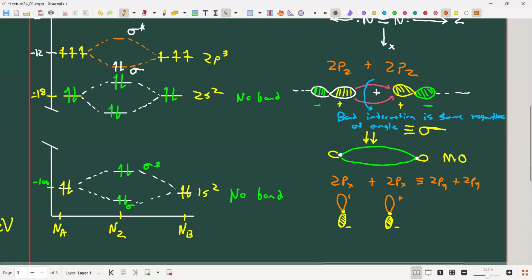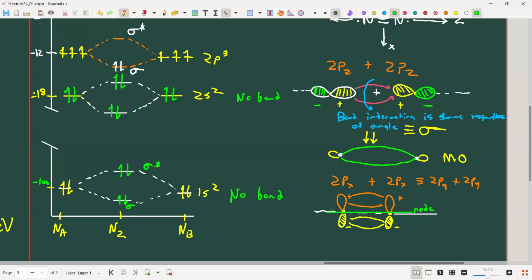Now what we can see is a slightly different bonding motif. This is going to overlap constructively above the bond and below the bond, but not in the middle. It forms kind of like a hot dog bun structure, where the positive overlaps constructively and the negative lobe overlaps constructively, but we create a nodal plane or a nodal line here where there are no electrons. So this looks a little different than the sigma.